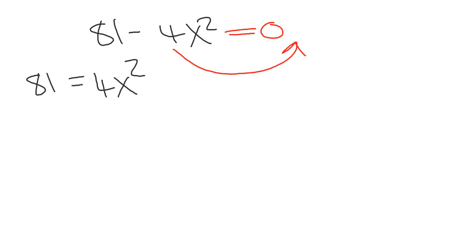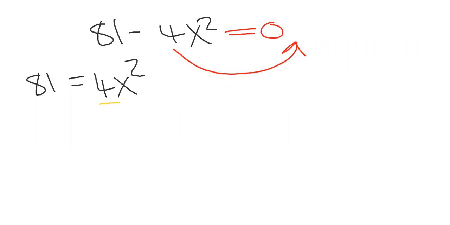Then you do the same thing. Look at the coefficient of x squared, which is 4. So ask yourself the same question. If you take the square root of 4, are you going to get a whole number? The answer is yes.